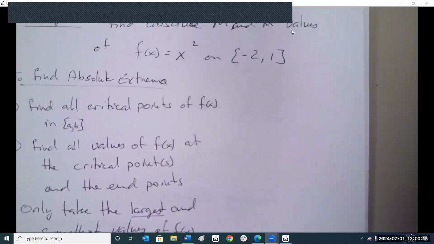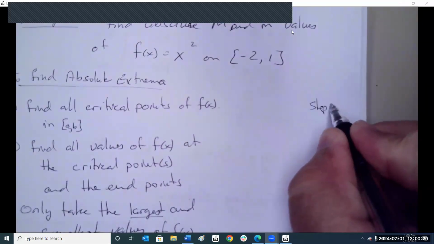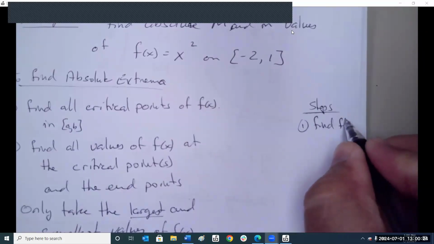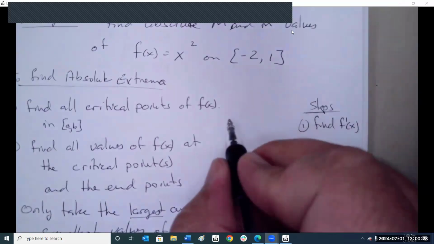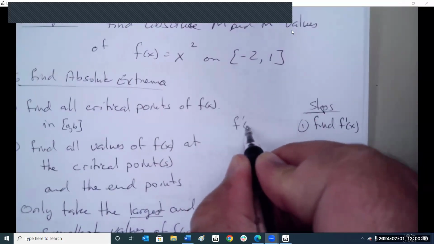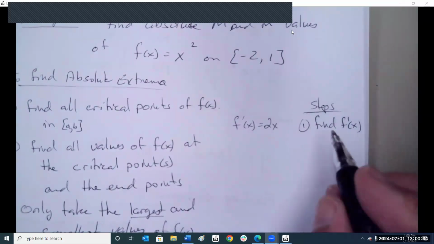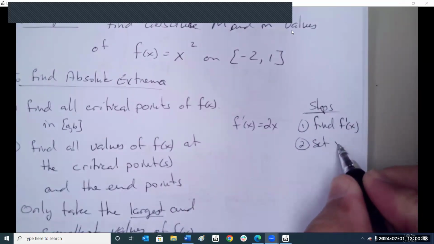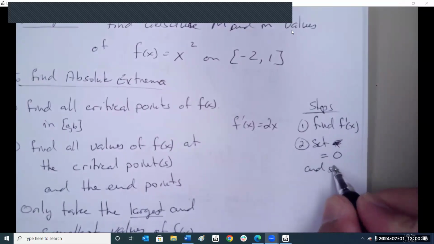Let's go ahead and solve this one. Find f prime of x. That's going to be 2x. Set equal to 0 and solve.